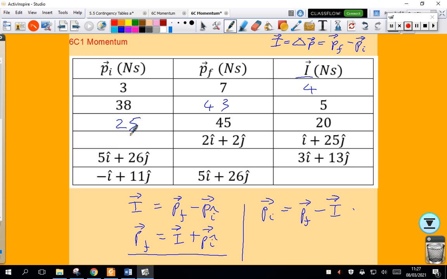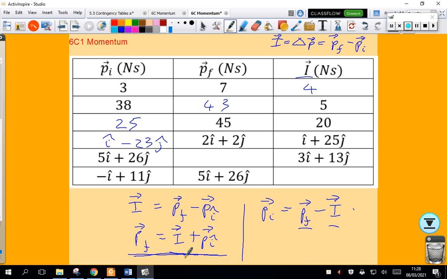I'm looking for my initial momentum, it's final momentum minus impulse, 2i hat plus 2j hat, minus i hat plus 25j hat, that's going to be 1i hat minus 23j hat newton seconds.